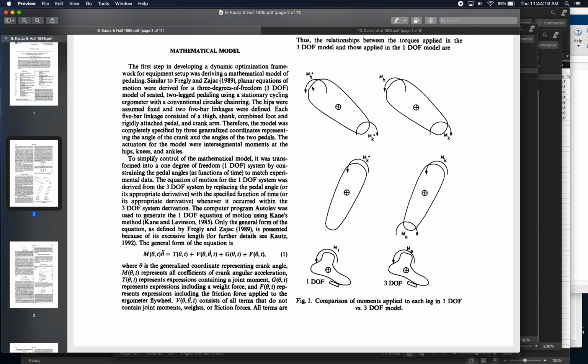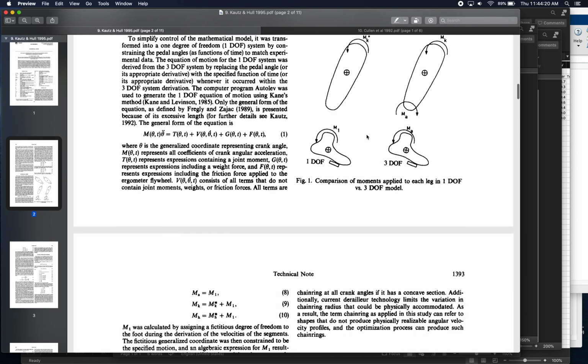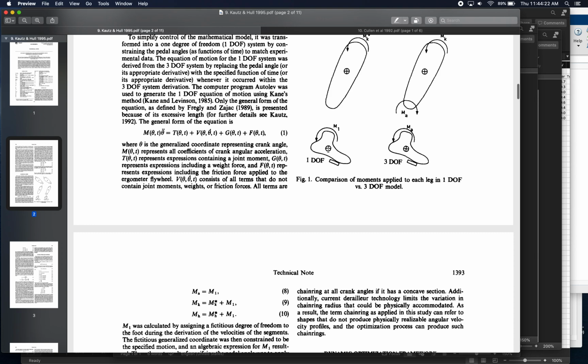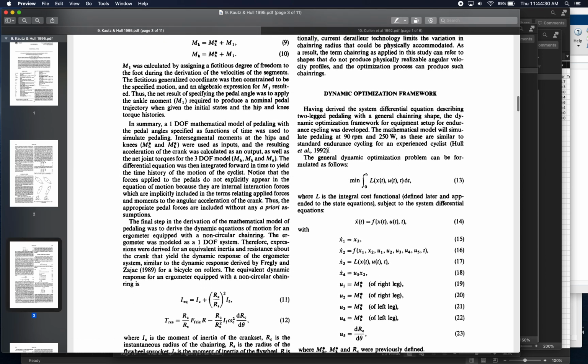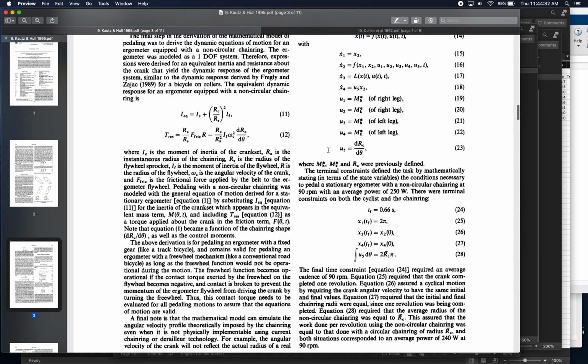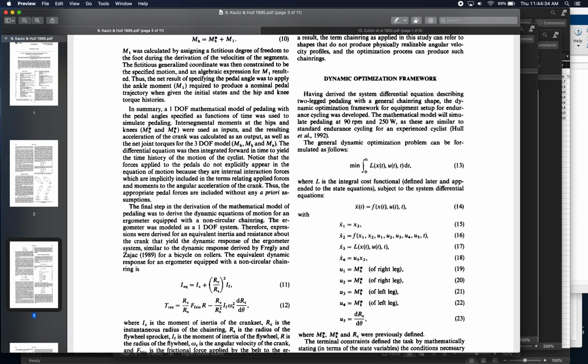Optimizing the hip torque and the knee torque to get the model to pedal at the specified rate, which I think was 90 RPMs, and produce the specified power, which I think was 250 watts or so, while minimizing the sum of the squared torques that it had to produce at its joints with its hypothetical muscles to perform that pedaling motion.